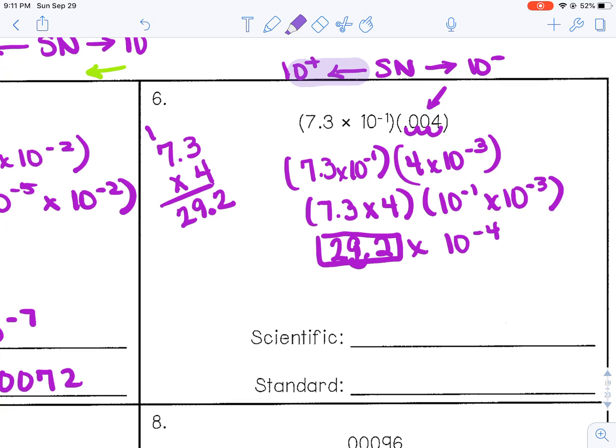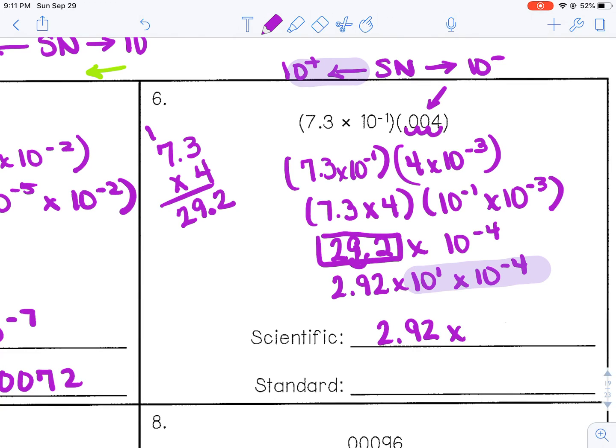So I'm going to rewrite what's in the box as 2.92 times 10 to the first power, and then I'm going to bring down the times 10 to the negative fourth power. Okay, so I have 10 to the first power times 10 to the negative fourth power. So 1 plus a negative 4 is a negative 3. So this is 2.92 times 10 to the negative 3.